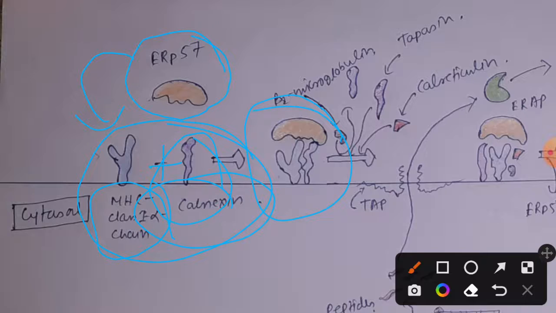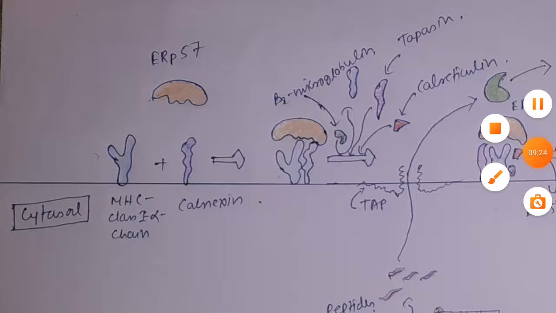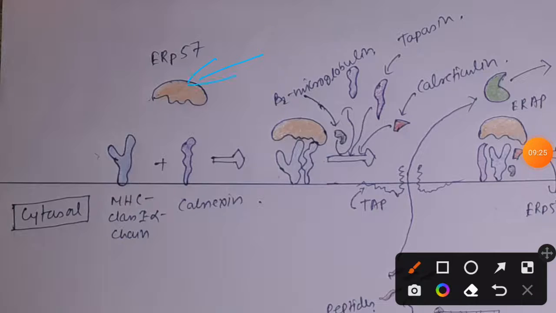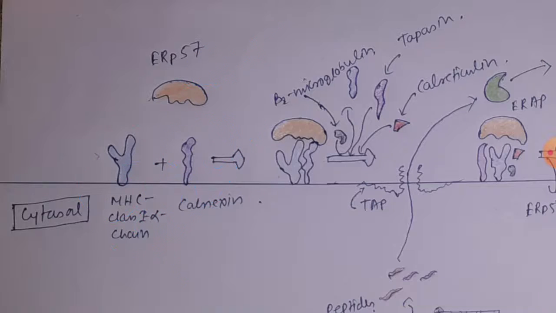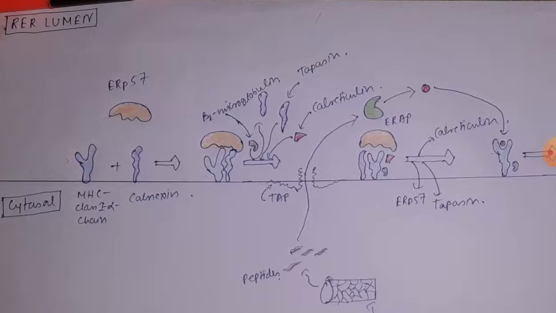Now remember, ERP57 has enzymatic activity, and ERP57 and calnexin together promote proper folding of the MHC class 1 alpha chain. Remember, a very important thing: for a protein it is very important to be properly folded, right? So it is important that ERP57 and calnexin together assemble with the MHC class 1 alpha chain. Although they will be removed in the next step, that is a different case.